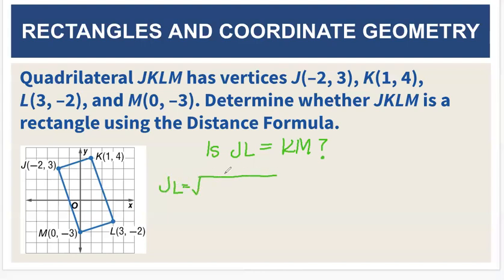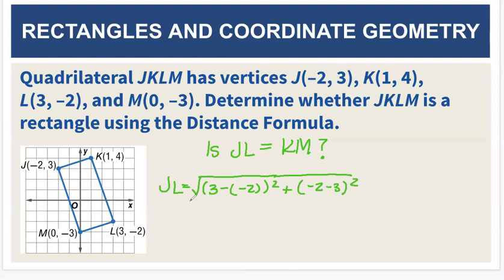So we did the square root of x2 minus x1 squared. Tell me the numbers. 3 minus -2, and then it was -2 minus 3.